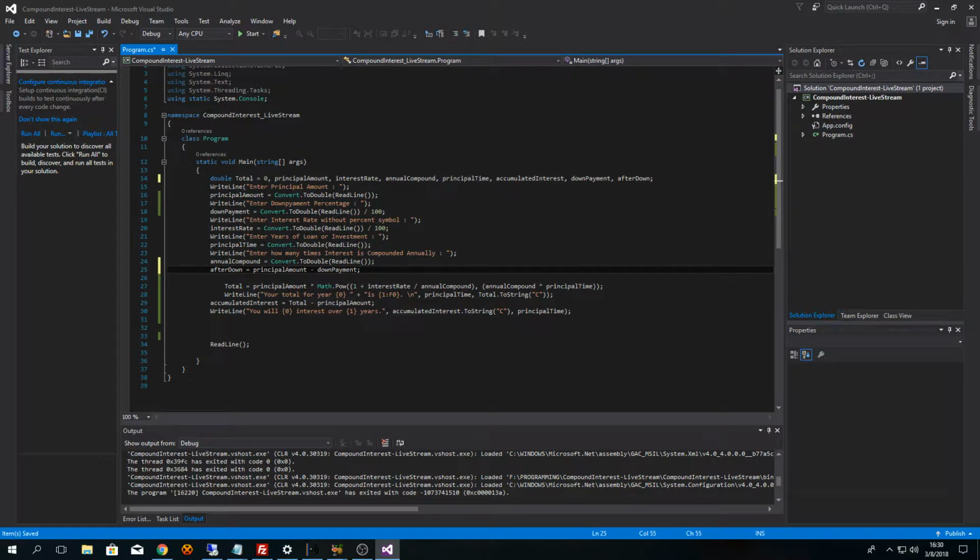And then instead of using the original principal amount, we'll use afterDown. So, perfect.